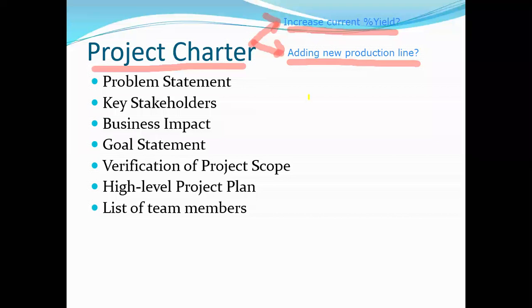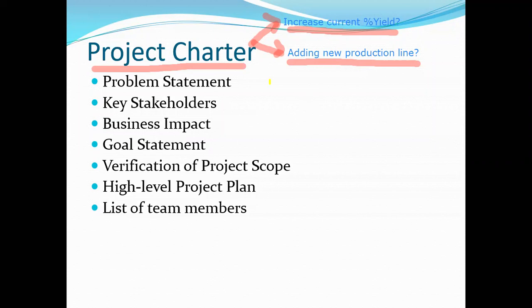After we define clearly the scope of our project, then we can make the project charter. The project charter is like writing a proposal, translating the scope of the project into more detail.